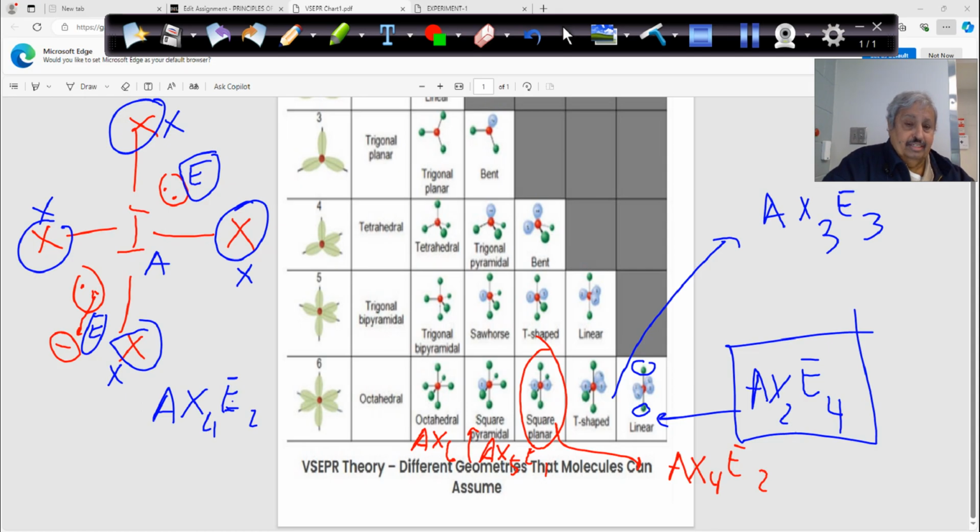The electron geometry does not care; it counts all 6 domains, so electron will tell you this is octahedral. It does not differentiate between lone pairs or non-lone pairs.